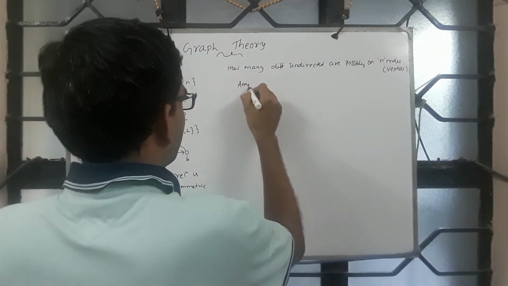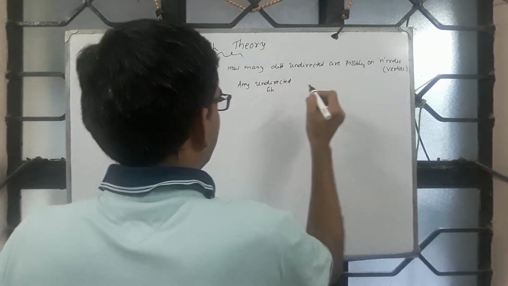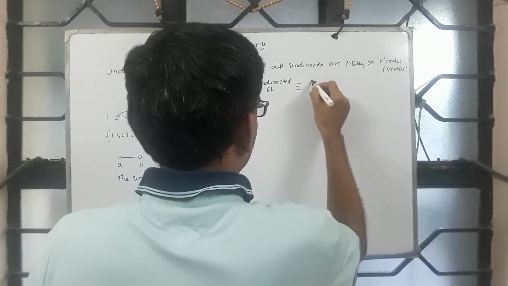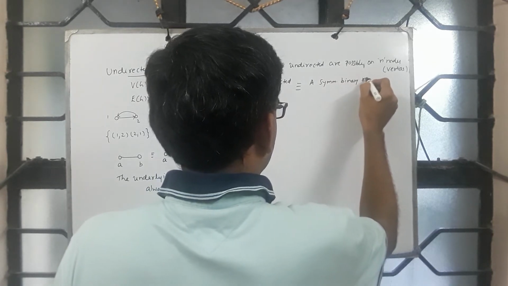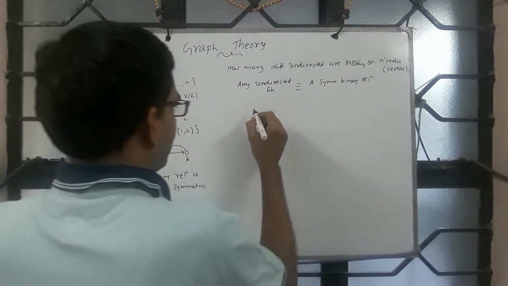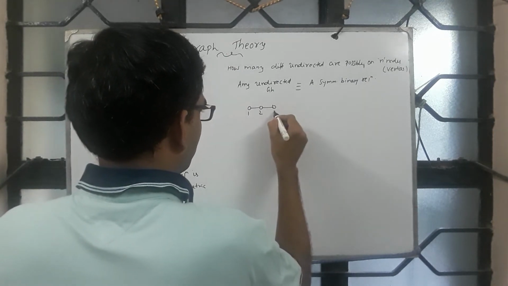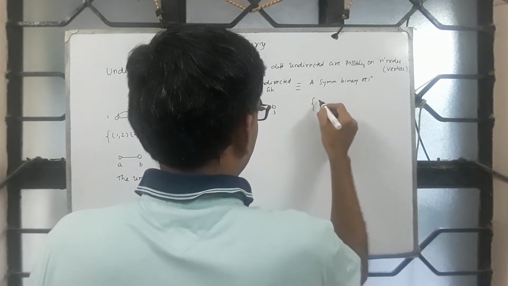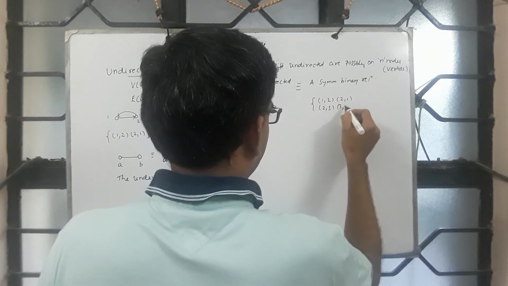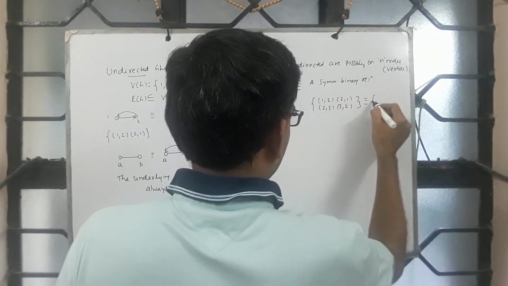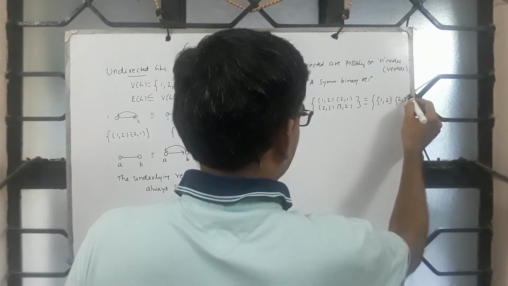So any undirected graph, if you see, it corresponds to a symmetric binary relation. You look at any undirected graph, something like this, 1 2 3, then the underlying relation will have 1 2, 2 1, 2 3, 3 2. In set theoretic notation, we write it as 1 2 and 2 3.